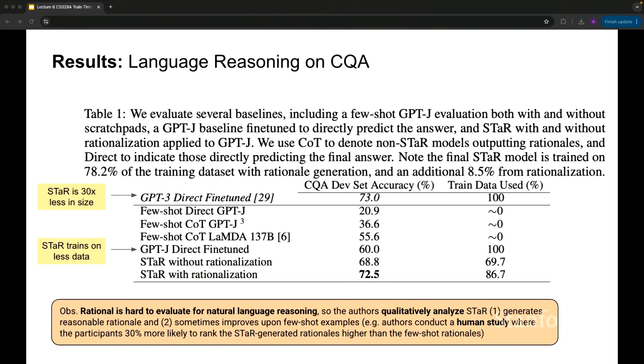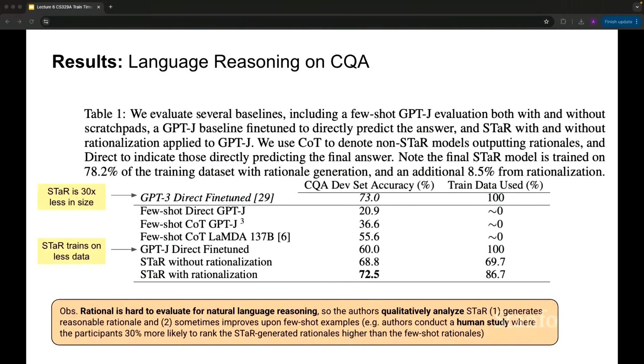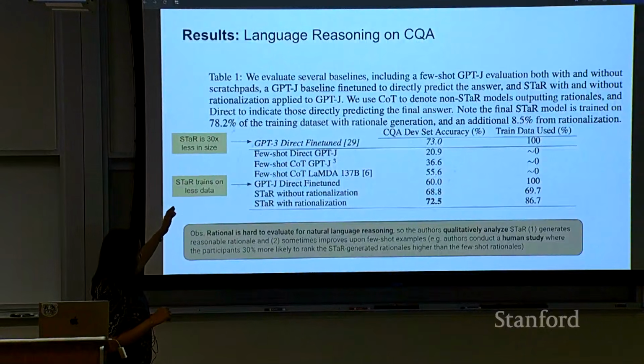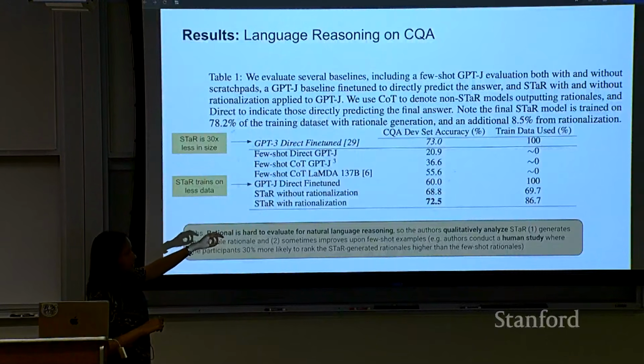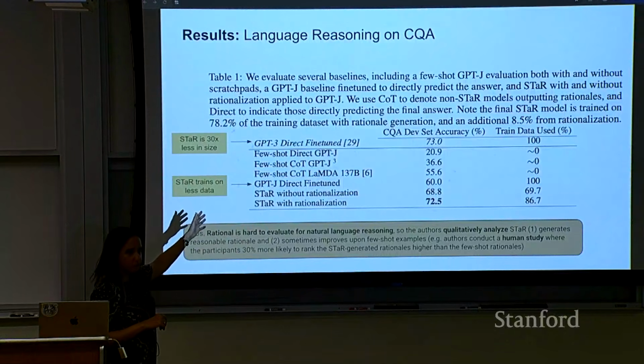Now, CommonsenseQA, as you remember, is natural language, tackling daily problems here. As a result of that, the rationales seemed pretty reasonable. The other aspect that they noticed was that if you use direct fine-tuning, you do get a certain level of accuracy, but STaR with rationalization gets that accuracy and requires much less data compared to what you would need for fine-tuning.